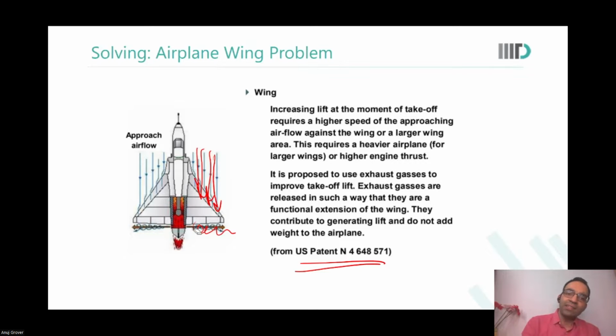And what that does is that for the purpose of air, this extends the dimensionality of the wing. The size of the wing increases, but the weight doesn't. Because the effective size of the wing has increased, the lift improves, but the weight of the wing does not. Okay, and this is a US patent.